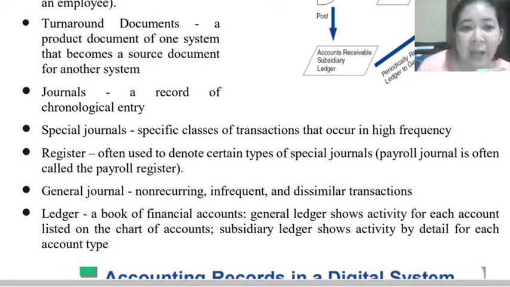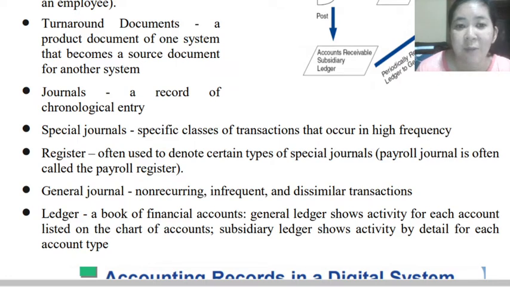And we also have the ledger. Okay, so ledger, this is a book of financial accounts where we classify our transactions according to their nature or classification. So you can use as the basis the chart of accounts.